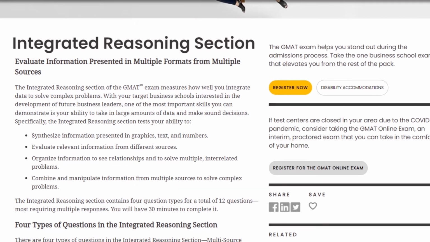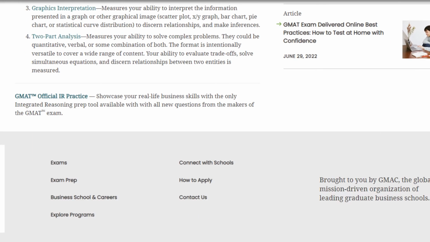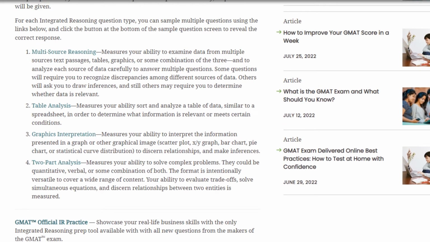Okay. Integrated reasoning consists of different questions like multi-source reasoning, table analysis, graphics interpretation, two-part analysis, and there are different charts, there are some statistical tables and so on, or some statements, a piece of a memo or a letter that you need to analyze and answer, let's say, in the form of multiple choice questions or true false statements.